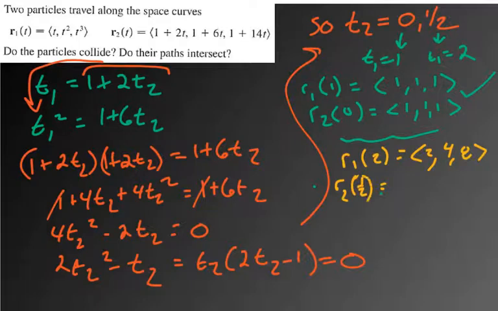So if you plug in 1 half, you're going to get 2, 1 plus 3 is 4, and then 8. Good. So again, it works. So this basically just shows that it passes through the space curve. If you plot this in Math 3D, at different times, they're in the same spot. Actually, two different vectors are sort of shared by them.